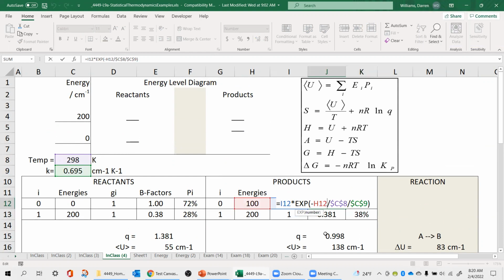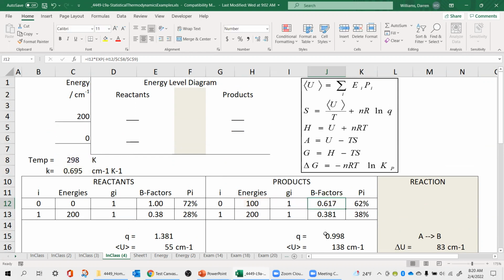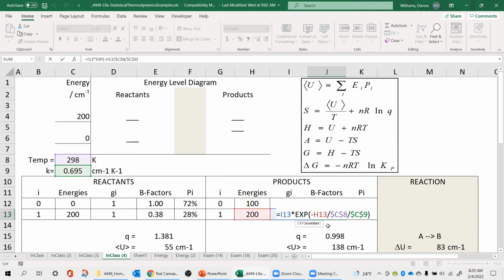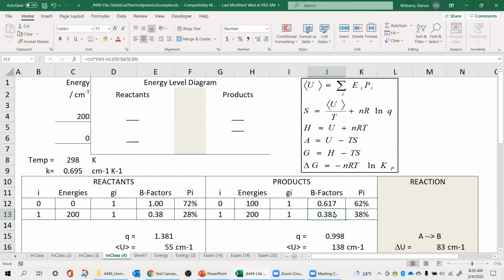And then 200, which is the next energy level, divided by 0.695 times 298, and I got 0.97. You got 0.97 here? That can't be right. Yeah, maybe that's why I'm having so many problems.